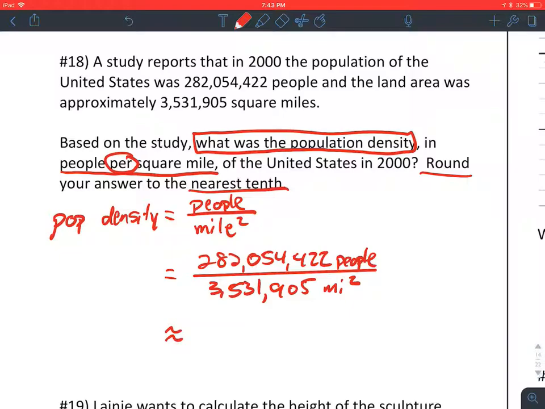Using a calculator, I got 79.9. The direction said tenth, that's 1 decimal place. We must label this answer. Population density must be labeled for the answer, and it's labeled as people per square mile.